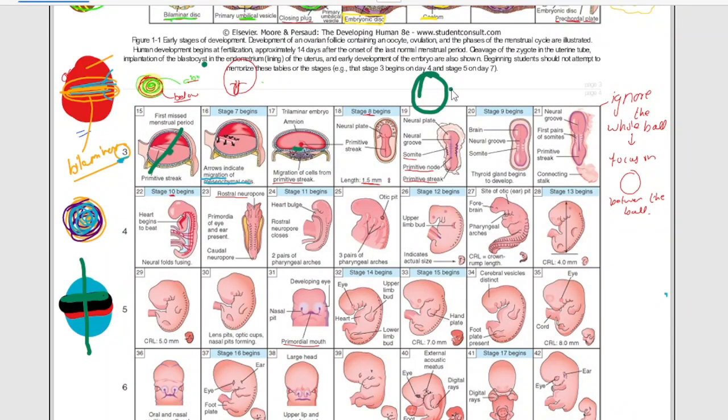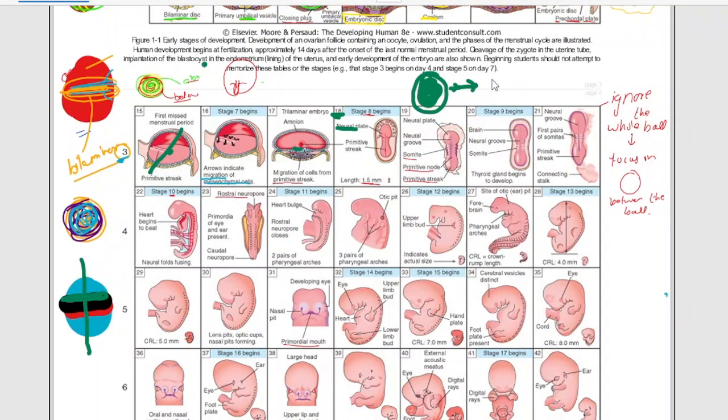Actually, at the 18th day the folding occurs at the upper neural plate. The place here is called the neural plate, in front of the primitive streak. You see the plate from the upper side, and folding occurs from two sides.